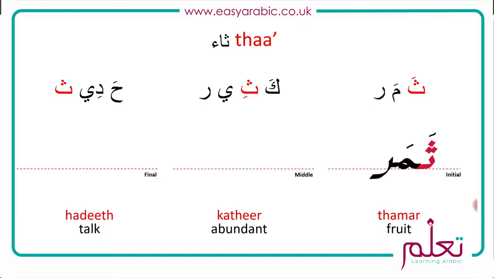So next we have the word Kathir, and starts with the Kaf. Then we have the Fa, then we have the letter Ya, and then we have the Ra, and that's Kathir. Next we have Hadith, which is talk, Hadith.